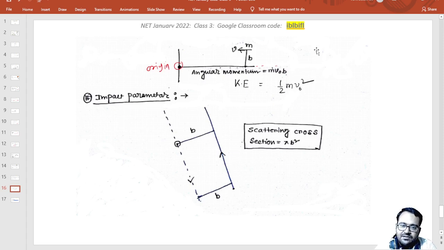From the general theory of scattering, you don't need to go into this. The impact parameter is the distance from this direct axis to that particle, and the scattering cross section is pi b squared. So how you calculate b is not a problem.